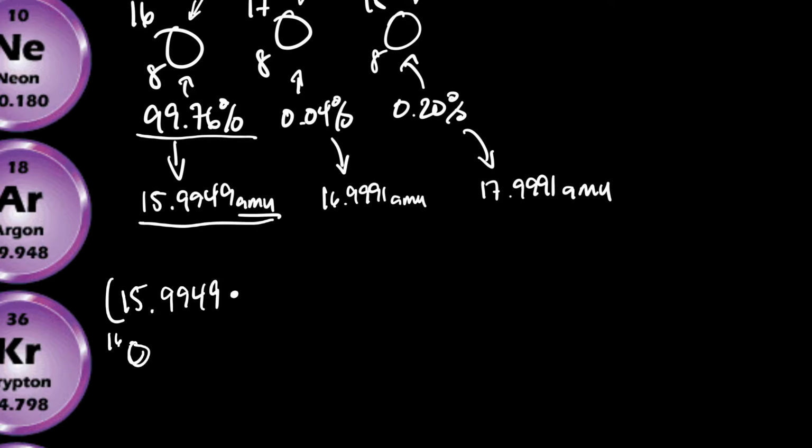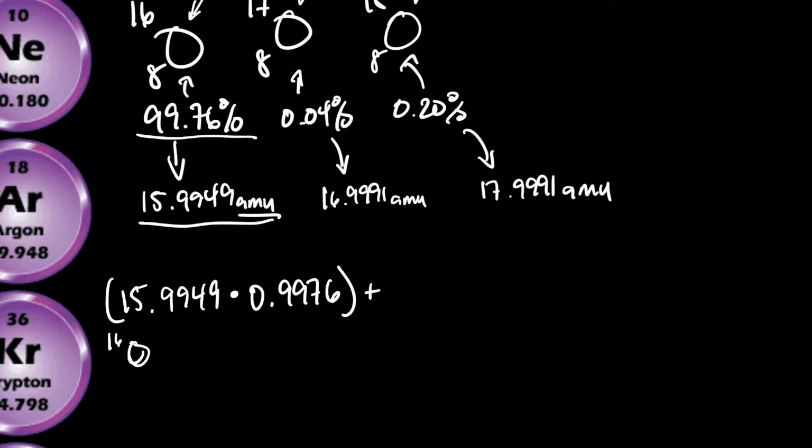The percent abundance of oxygen 16 is 99.76%. To change this back to a decimal, you move the decimal 2 times to the left, so 0.9976. Close the parentheses.